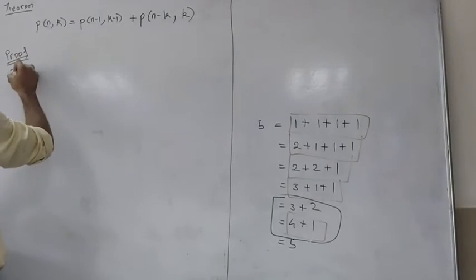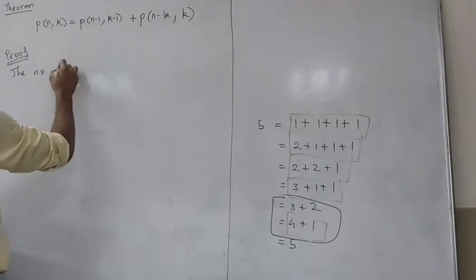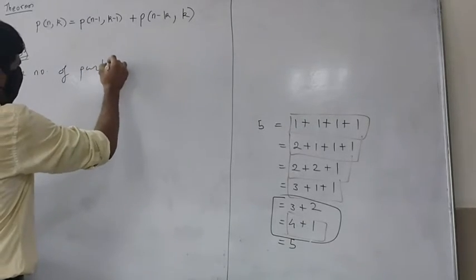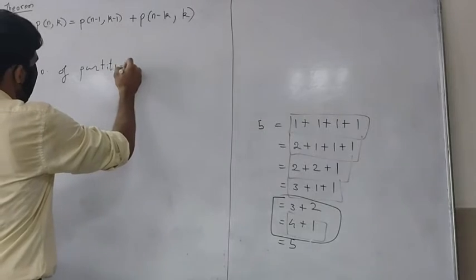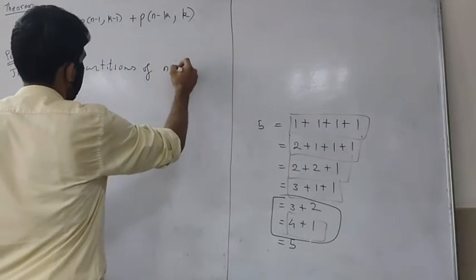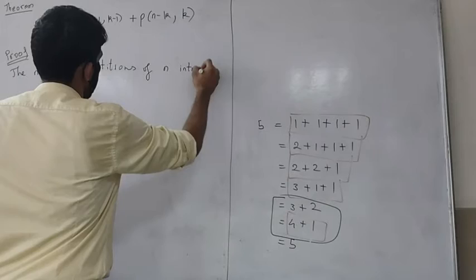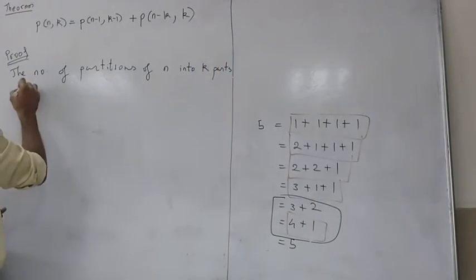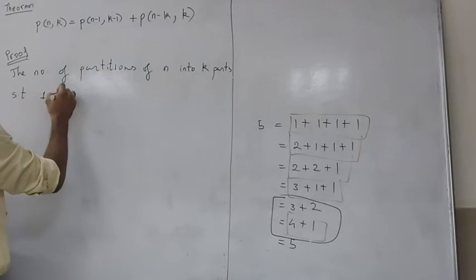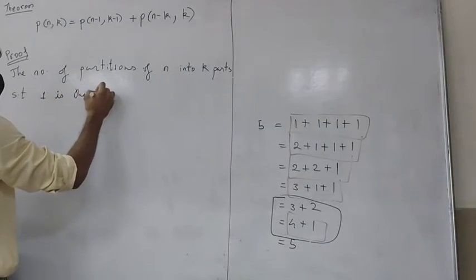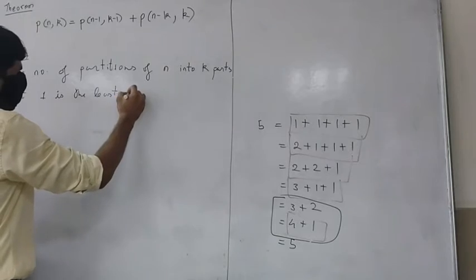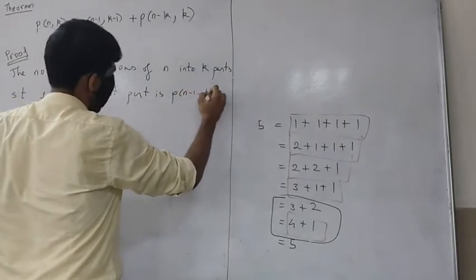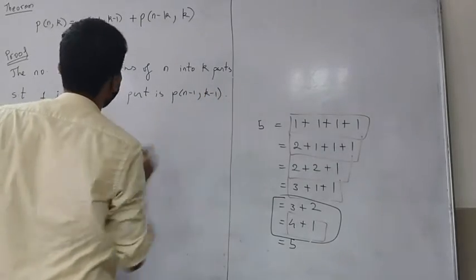The number of partitions of n into k parts such that 1 is the least part is P(n minus 1, k minus 1). Not writing the reasons, you should try to write it on your own.